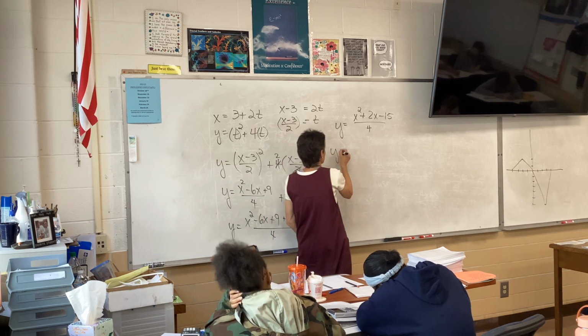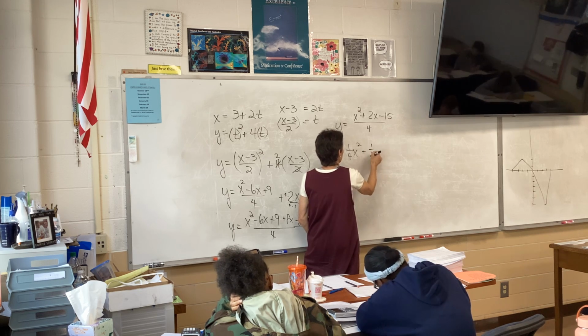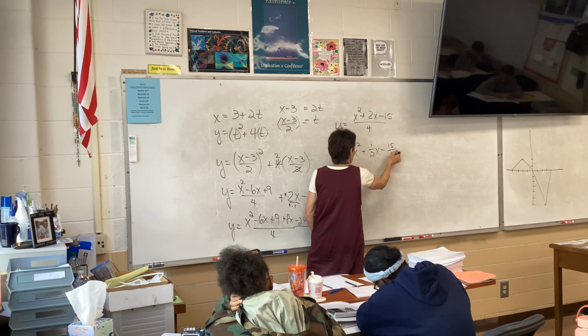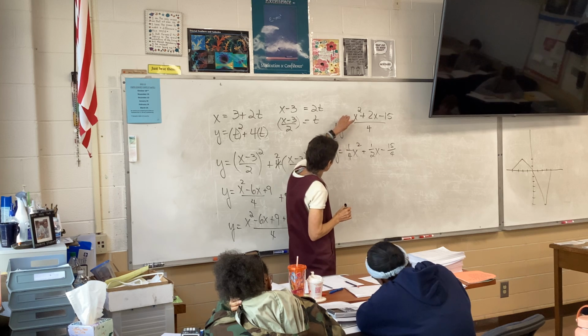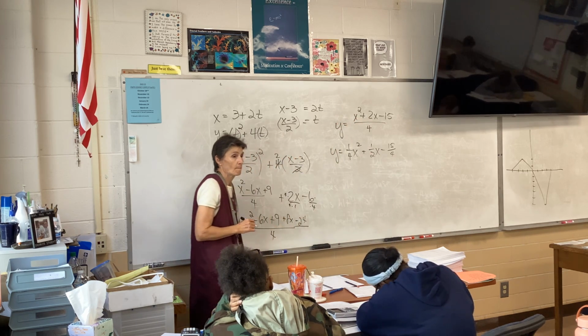Which is 1/4 x squared plus 1/2 x minus 15/4. Make sure that's right. 1/4 x squared, 1/2 x, minus 15/4. Perfect.